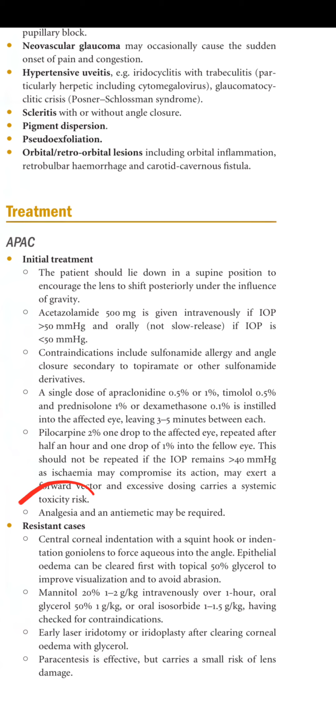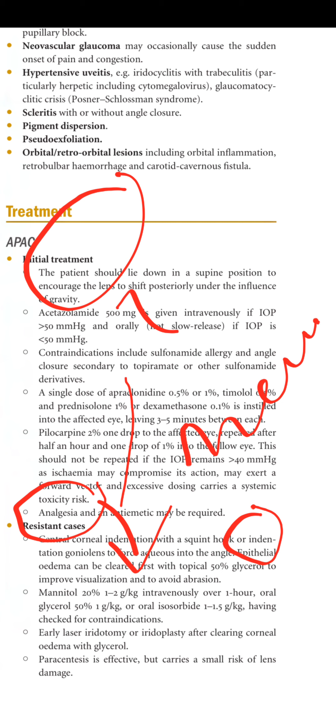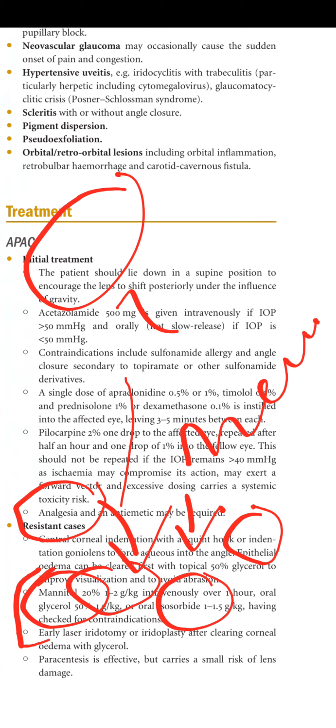So in case it is not treated initially, you start giving them mannitol. You can massage the eye with corneal indentation, and you force the aqueous into the angles, and before that you can clear the cornea with topical 50% glycerol to improve visualization. You can give mannitol 20%, or you can give glycerol orally or oral isosorbide, after checking for contraindications.